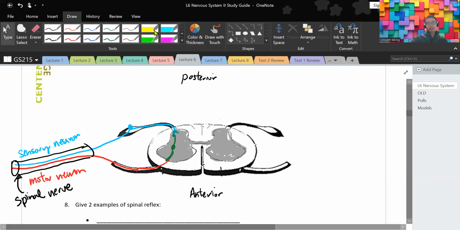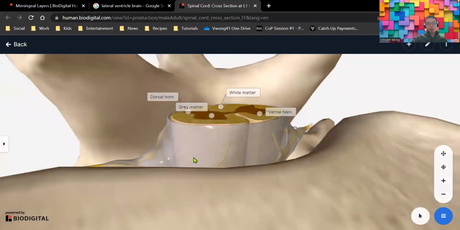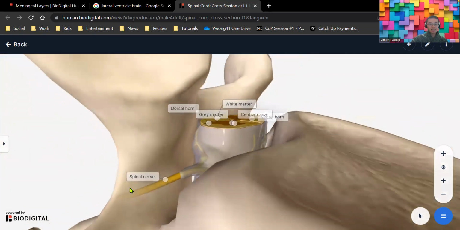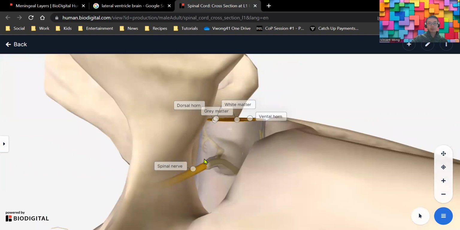Okay. So if we go back to our 3D model here, right? You can see this here at the back, that would be the sensory neuron carrying the sensory information, and then the motor neuron will be coming out from the front. But they will become one. They will be bundled together before exiting from the side of your backbone.